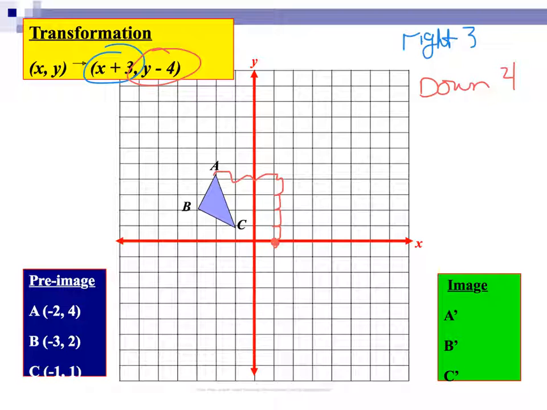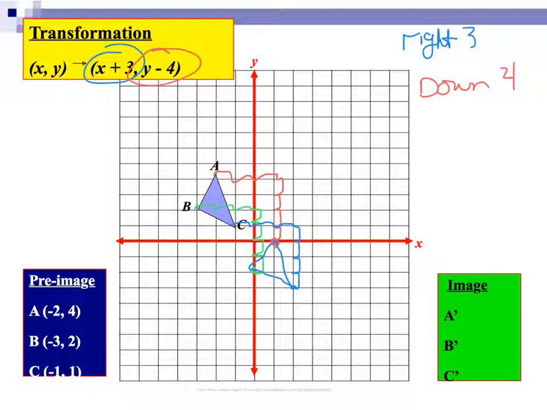So for B, to the right 3, 1, 2, 3, down 4, 1, 2, 3, 4, put a point. Then the last one is C, to the right 3, 1, 2, 3, down 4, 1, 2, 3, 4, put a point. Then you want to connect your points.